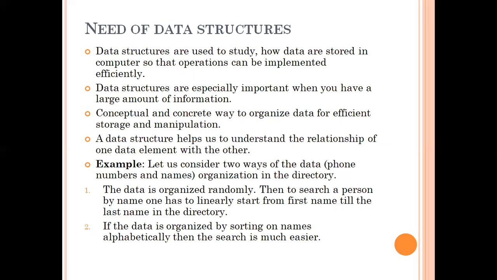But if you arrange the data in alphabetical order, then search is much easier than random order. So if the names in the phone diary are in alphabetical order, you can search fast, but if they are stored in random order then it is difficult to search for a particular person.